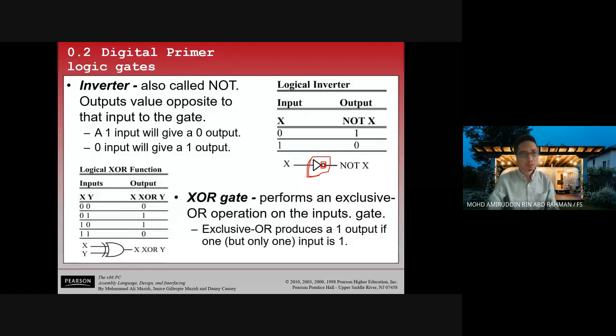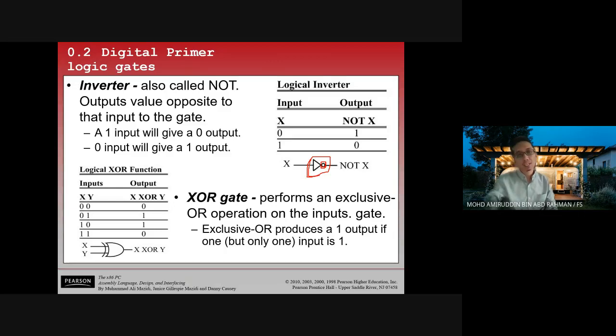All right. You also have the XOR gate. X stands for exclusive OR gate. As before, the operation of OR is to turn on when any of the inputs is on, when any of the inputs is 1, so you get the output as 1.